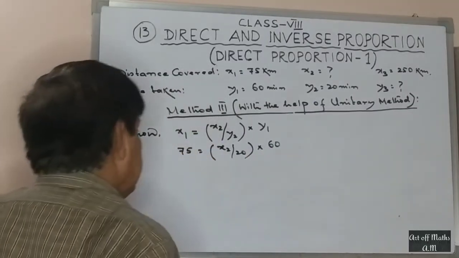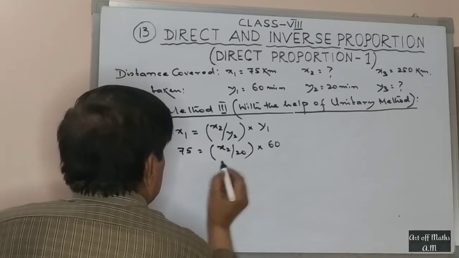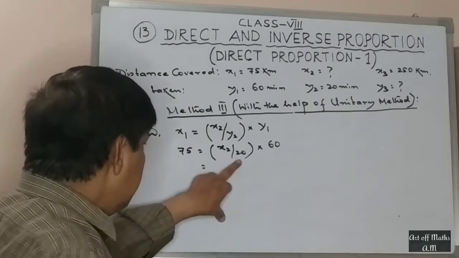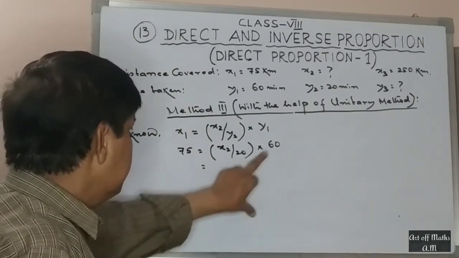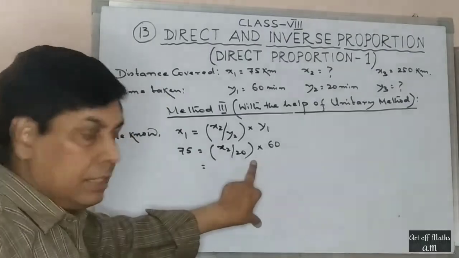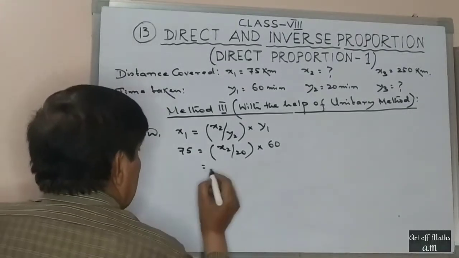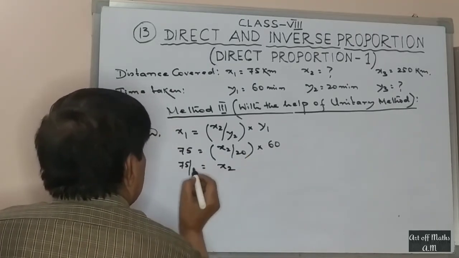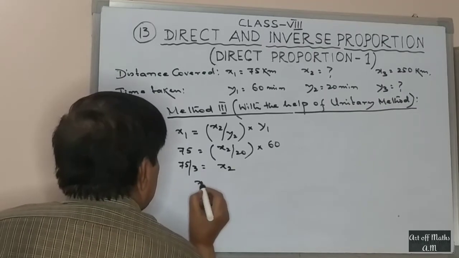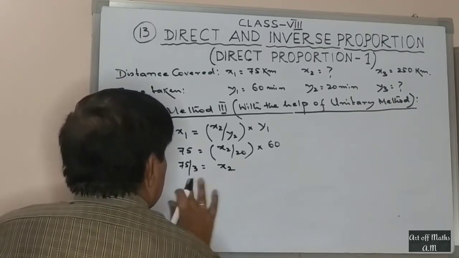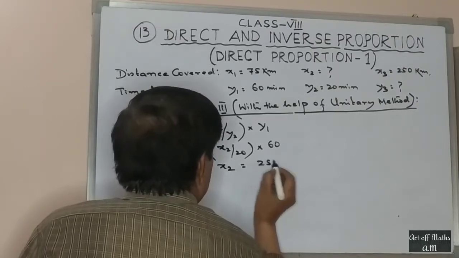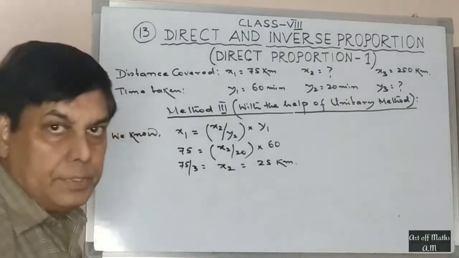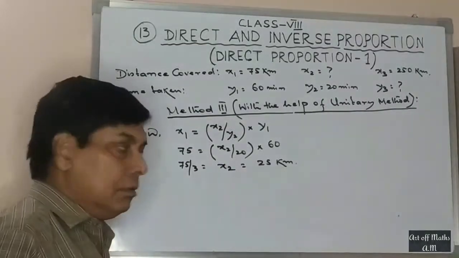Now x2 divided by 20 into 60, that comes to 3. That means x2 equal to 75 by 3, that means x2 equal to 25 kilometer. The same answer will appear in all these cases.